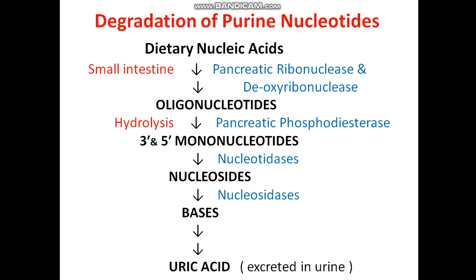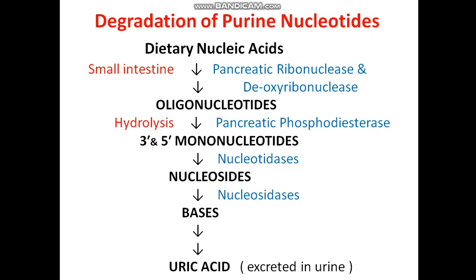Then pancreatic phosphodiesterase enzyme converts them to the mononucleotides. Next step is nucleotidases, which convert the mononucleotides to the nucleosides. Then nucleosidases convert the nucleosides to the bases.